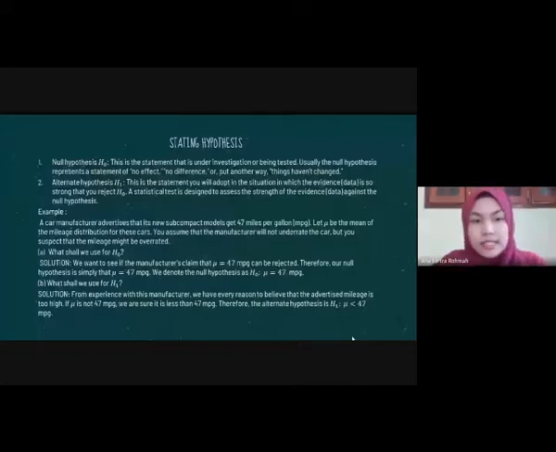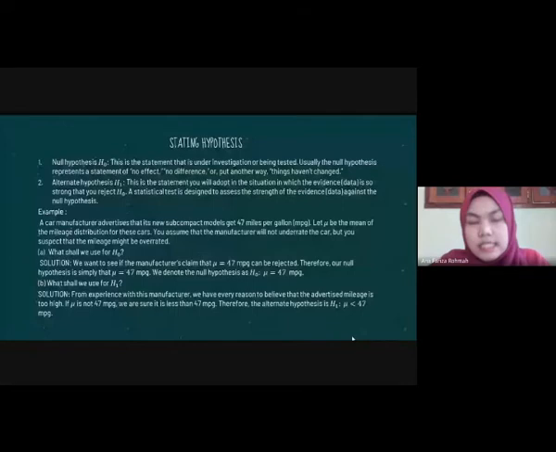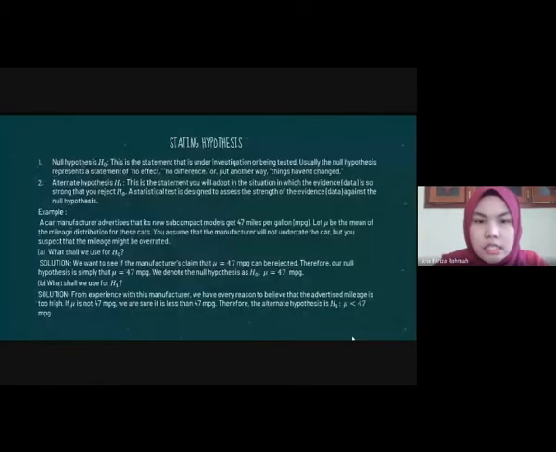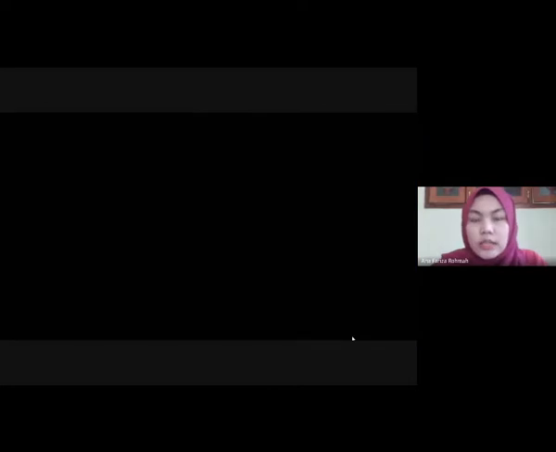The solution is we want to see if the manufacturer's claim that mu equals 47 miles per gallon can be rechecked. Therefore, our null hypothesis is simply that mu equals 47 mpg. We denote the null hypothesis as H0: mu = 47 miles per gallon.